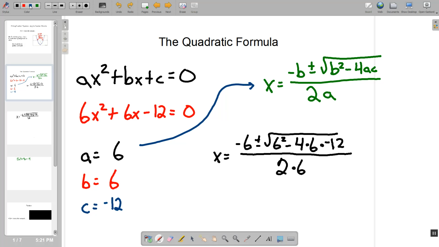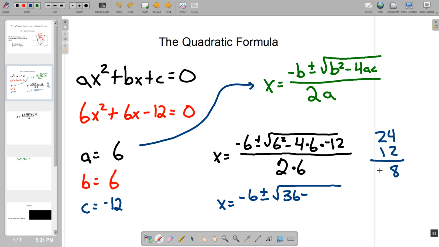Now let's simplify and see what this looks like. x equals negative 6 plus or minus the square root of 36 minus 4 times 6 times negative 12. If we get a positive from the two negatives here, that would be 24 times 12, which ends up being 288.